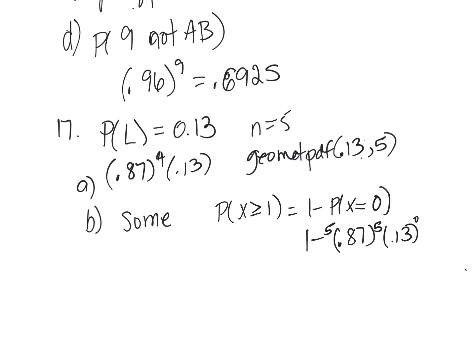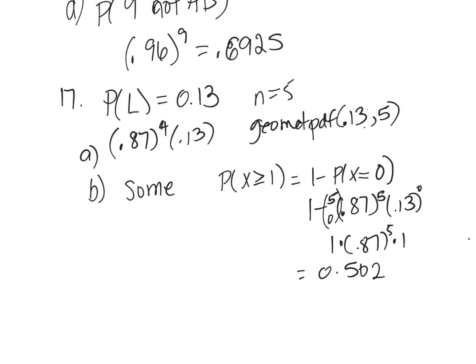And if I do 5 choose 0, which technically this is what it is, but this is equal to 1 and this is equal to 1, so it's still 0.87 to the 5th. Okay? So 1 minus 0.87 to the 5th is 0.502. No, I do not need to write those 2 things down.